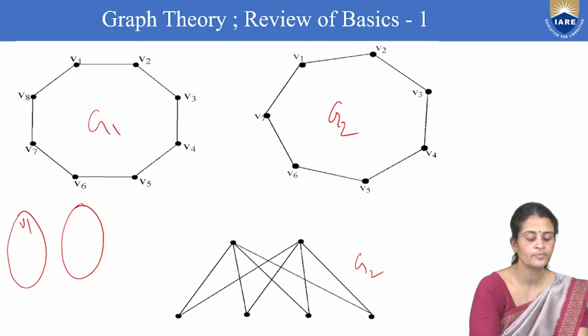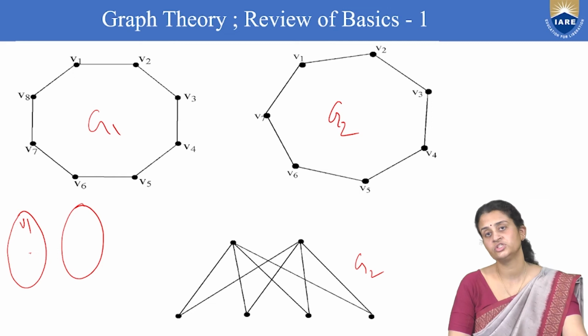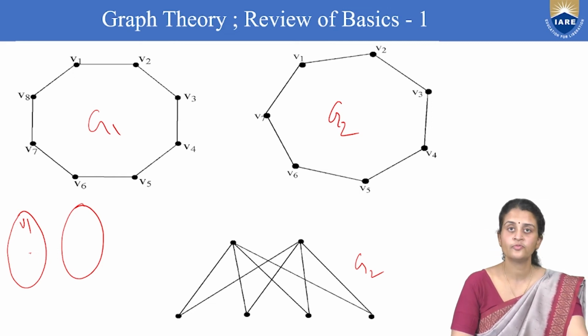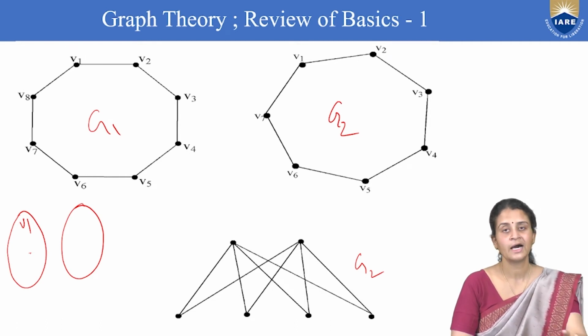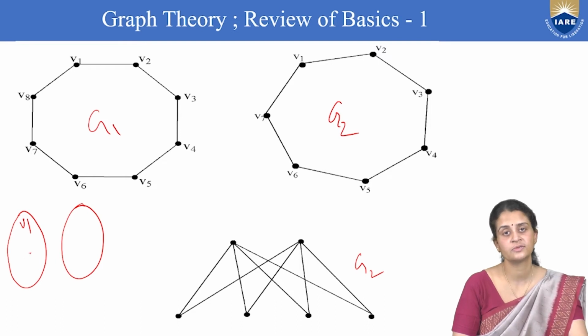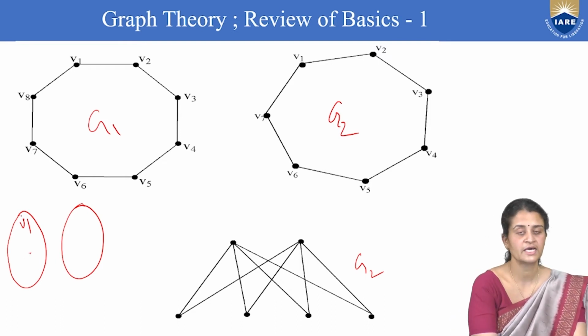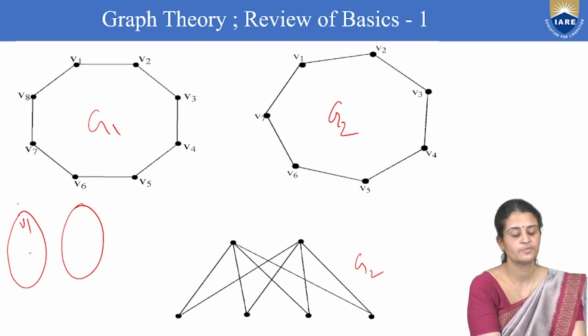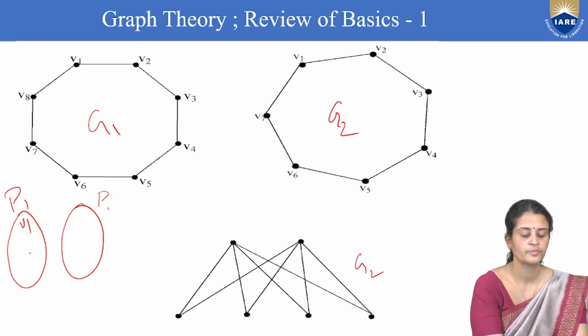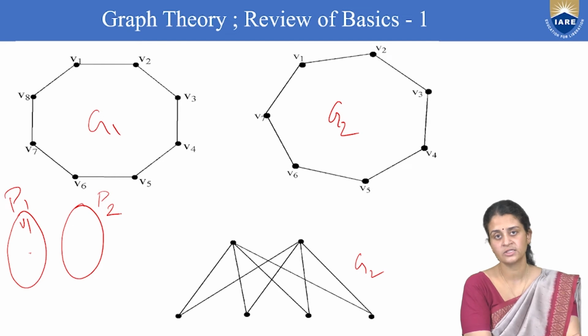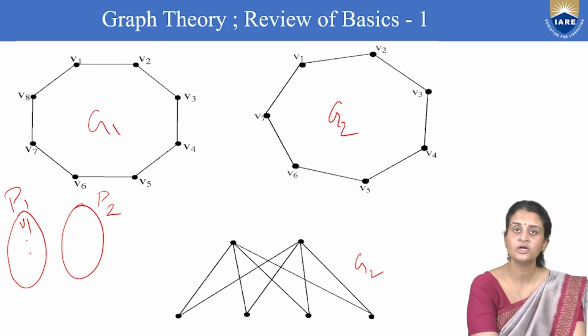Consider the graphs G1, G2, G3. In G1, we have vertices from V1, V2, V3 up to V8. If I am going to bipartition the vertices of G1, how can I do it? Bipartition means two partitions, so I am drawing two circles, the first partite set P1 and P2. If I put V1 in this partite set, can I put V2 here?